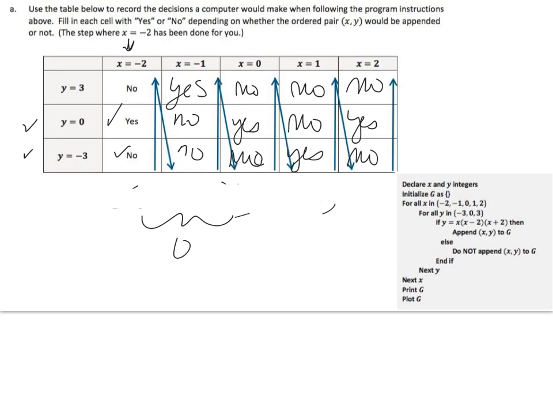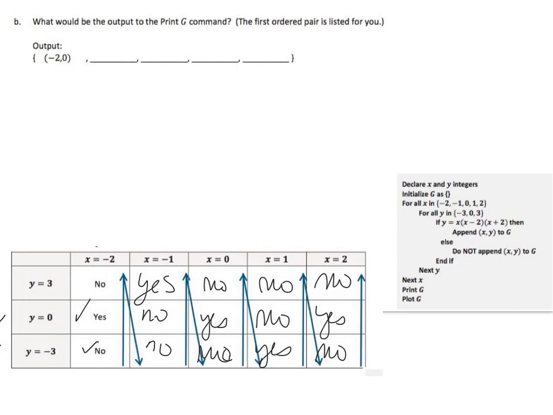On the next slide, what would the output be? So what would the output to the print G command be? The first one's done for us. I've got a yes there. A yes here, a yes there, and a yes there. So that would be my output.